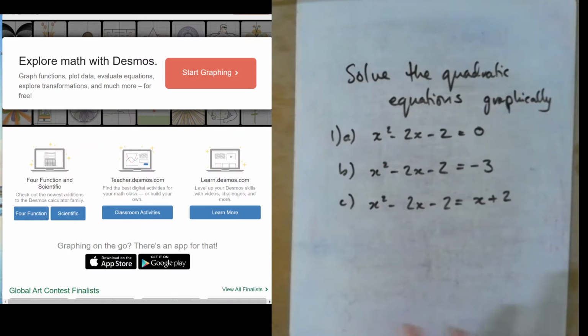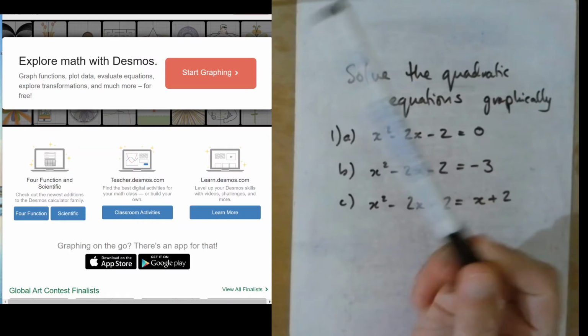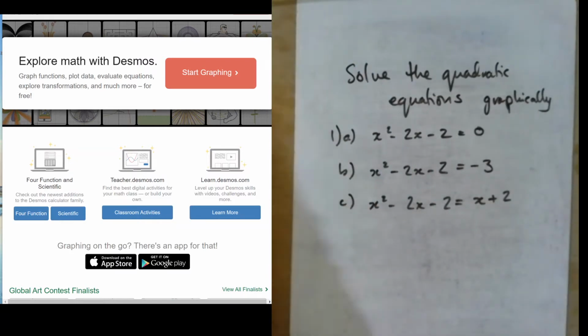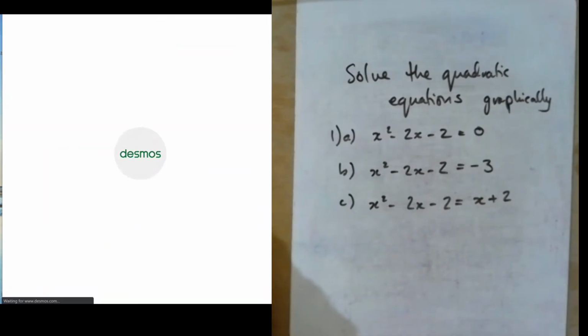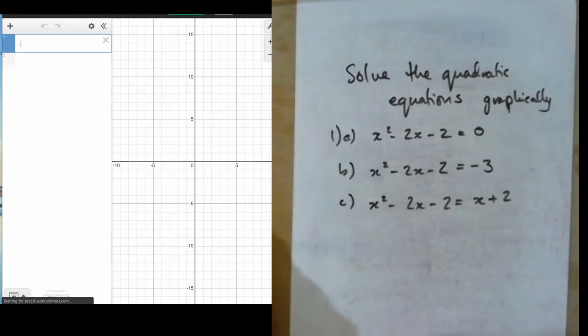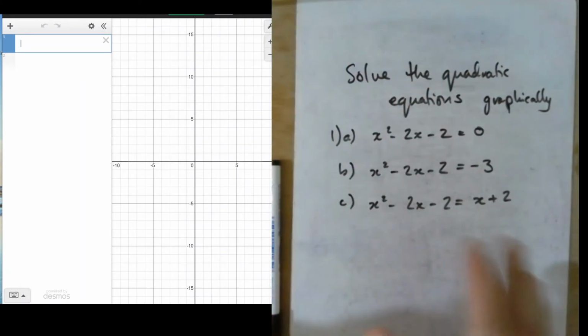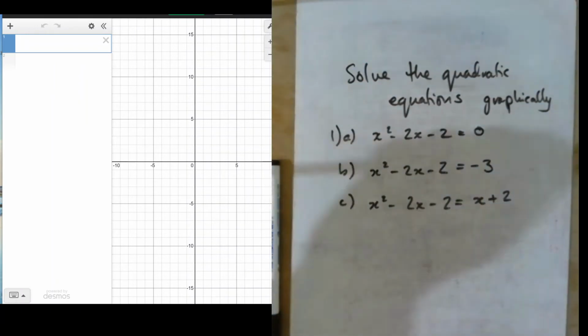Super easy, okay? When you initially go onto Desmos, you should see this. It is something you can download onto your phone, however, I would probably say just use it on the computer. Just click on Start Graphing, and then you come up with this. The way to actually solve it is to split it into two different parts.